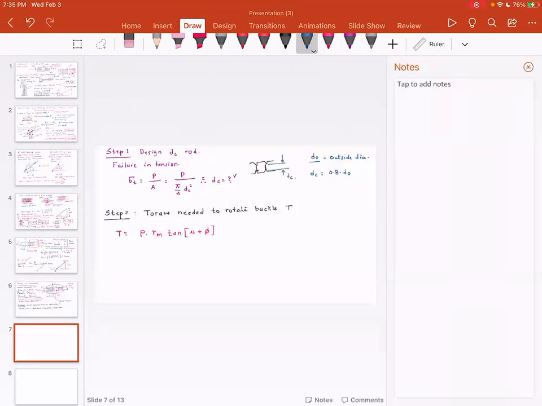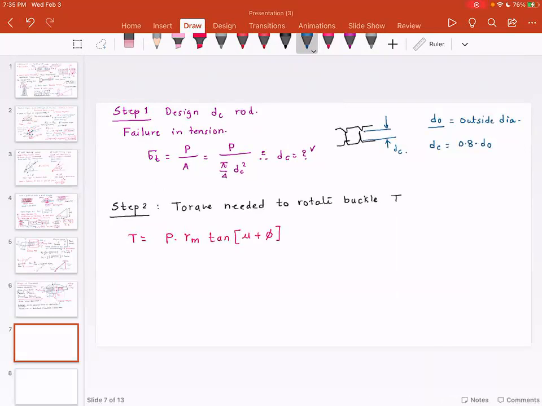So in step one, I find out the value of DO and DC. So I can find out the value of DM as DC plus DO divided by 2. Rm is equal to DM by 2. This P is the load that needs to be supported. So this P is known, this Rm is known.